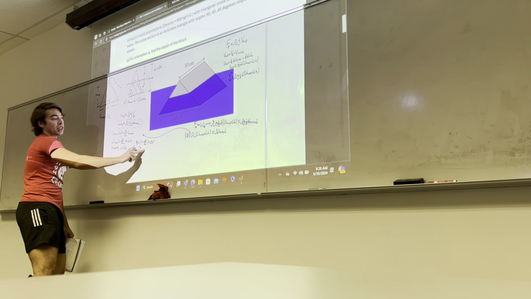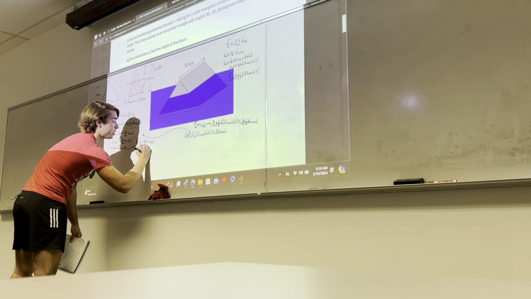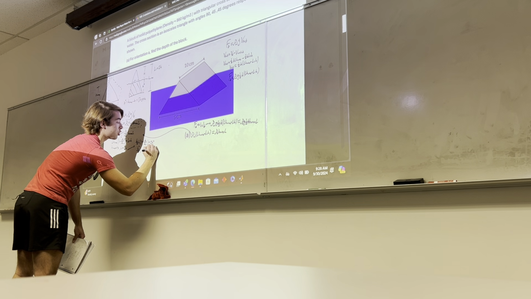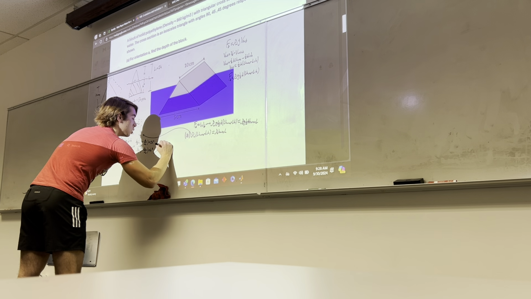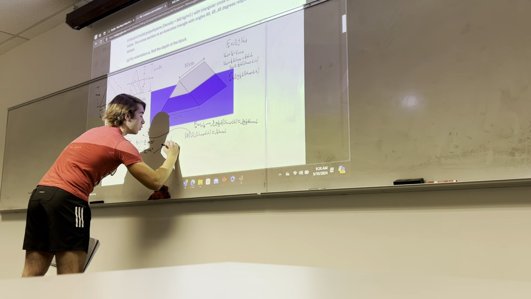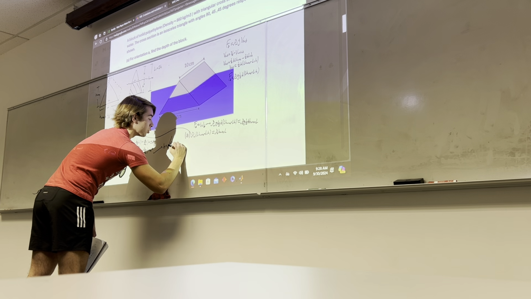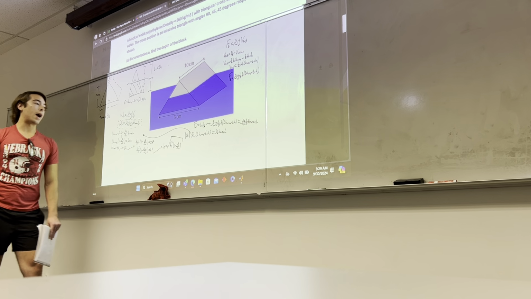I'm going to divide this 2 over. L squared over 4 times (1 minus rho_B over rho_W) equals H squared. Now take the square root of it. H equals the square root of L squared over 4 times (1 minus rho_B over rho_W). Cool? So that's our actual formula.